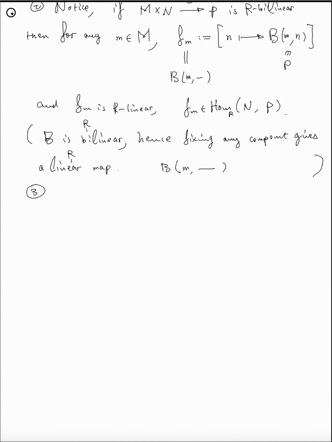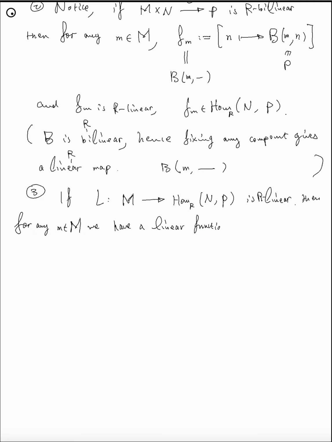Third remark, we are constructing the inverse function. If we have a linear map L, then for any small m, we have a linear function L_m by definition from N to P. And then we define a map, call it B_L, from M times N to P. And how do you do that?